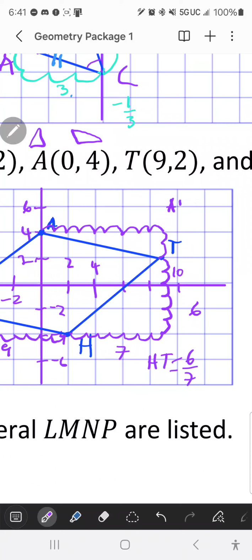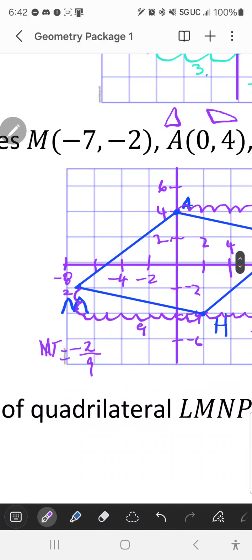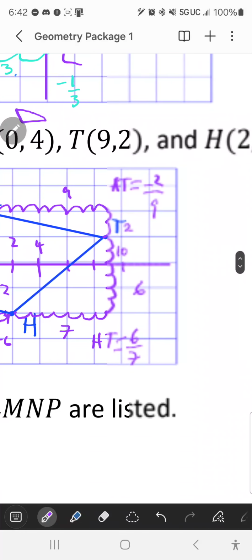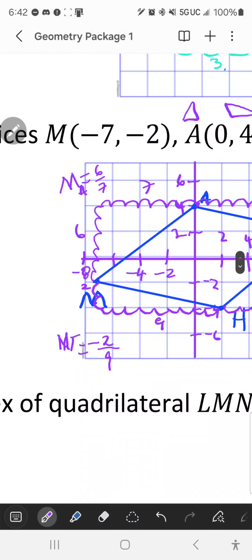So AT equals negative 2 over 9, because the rise is negative, going down. Now MA will be 1, 2, 3, 4, 5, 6 and 1, 2, 3, 4, 5, 6, 7. And MA will be rise over run, 6 over 7.